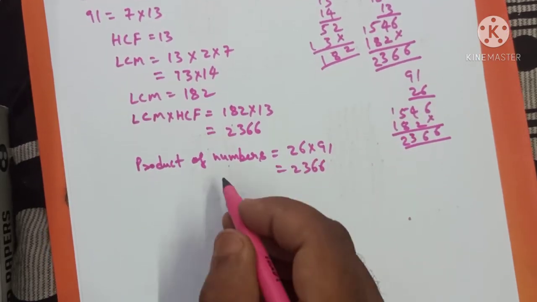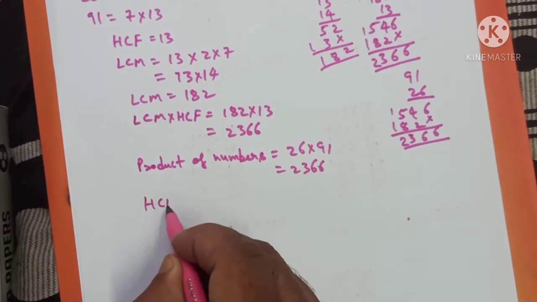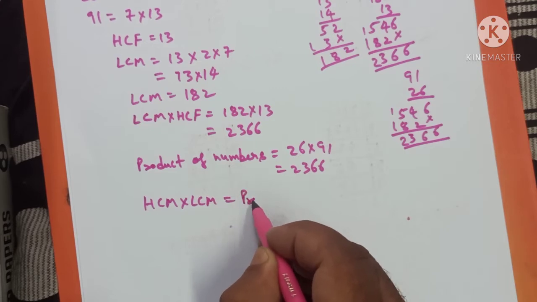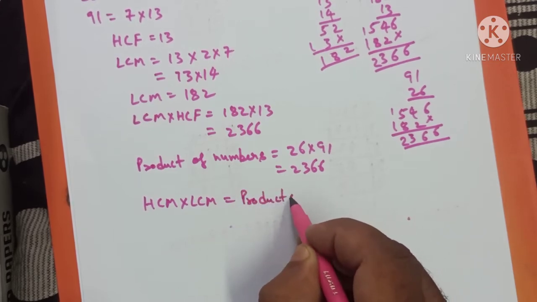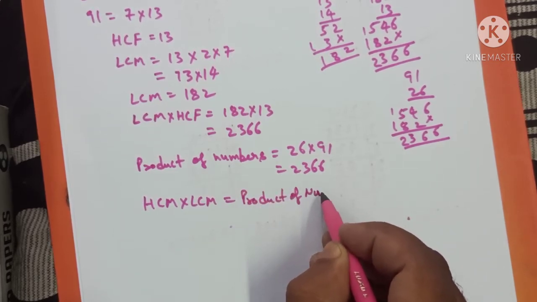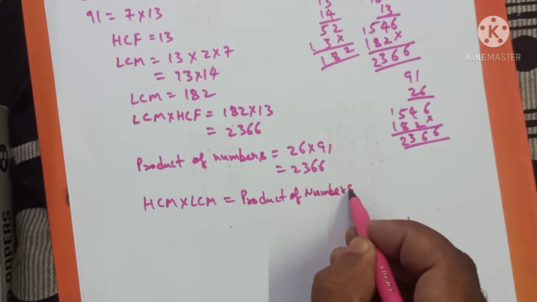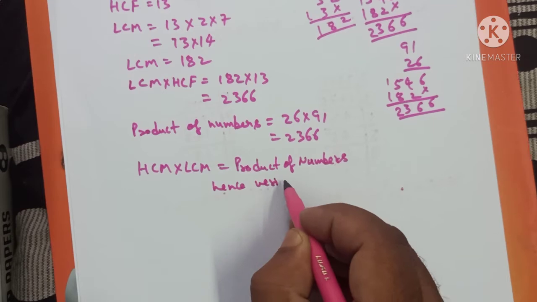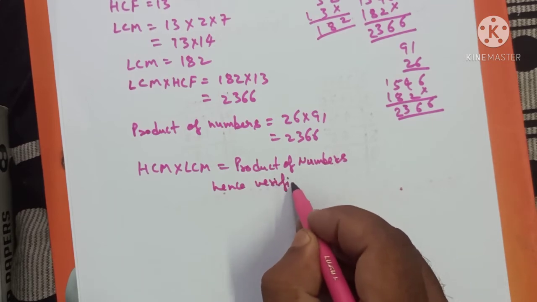So this shows that HCF into LCM is equal to the product of numbers, hence verified. This is what we have to verify. Okay.